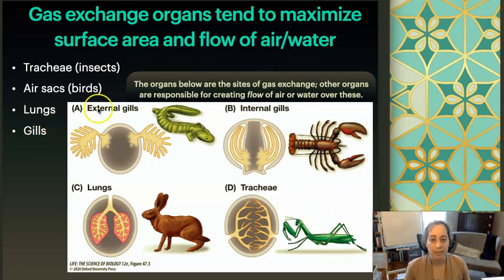These are some comparisons of gas exchange organs, and keep in mind, as I noted here, these are the sites of gas exchange, so where the tissues come in contact with the atmosphere or with water, as the case may be for the organism, and that's where we actually have the oxygen being diffused into the tissues.